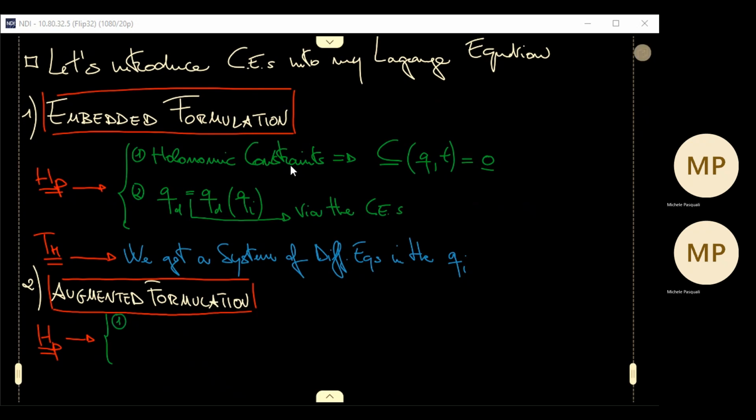So both holonomic and non-holonomic constraints are possible.